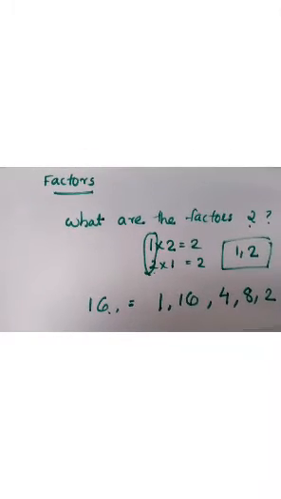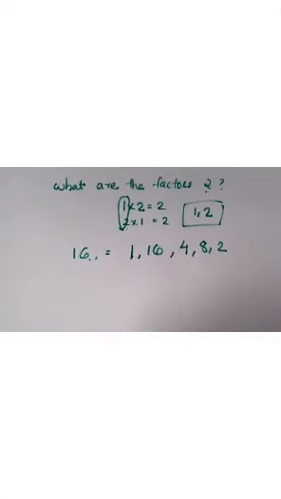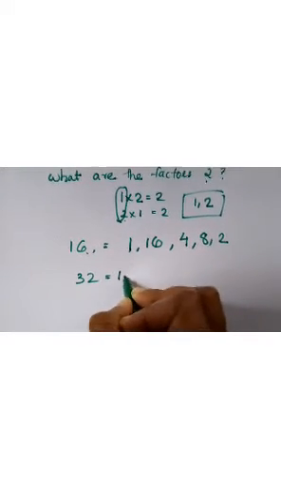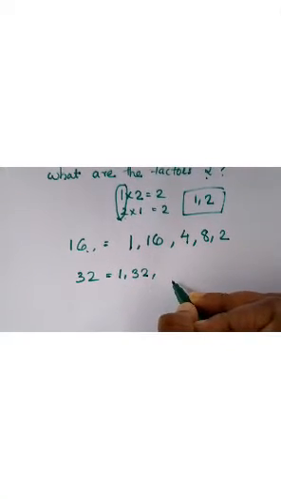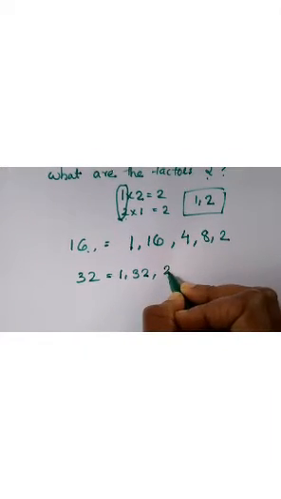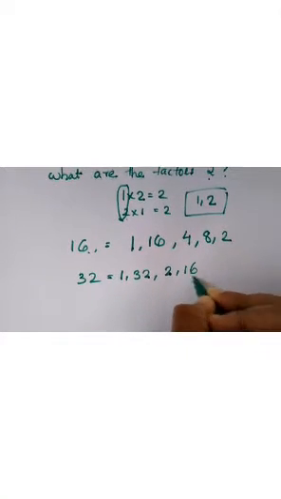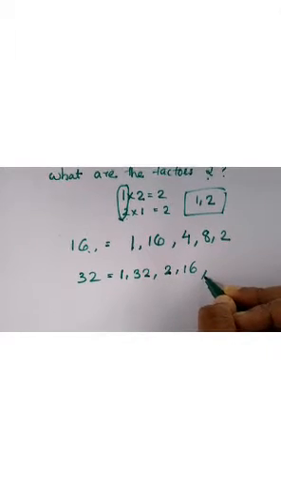Okay. Then what should be the factors of 32? In the same way, 1 and 32 itself are factors of 32. Next, 2 times 16 is 32. So 2 and 16 are factors.